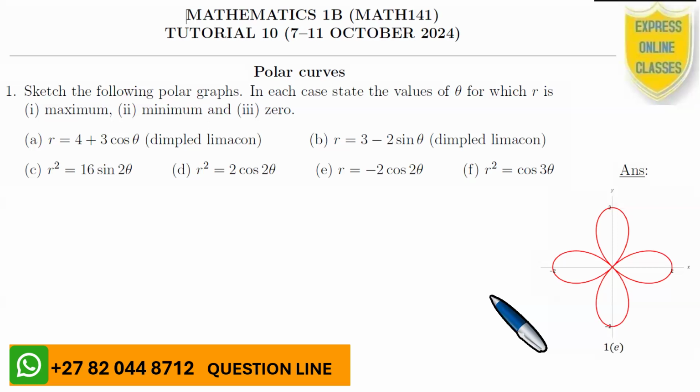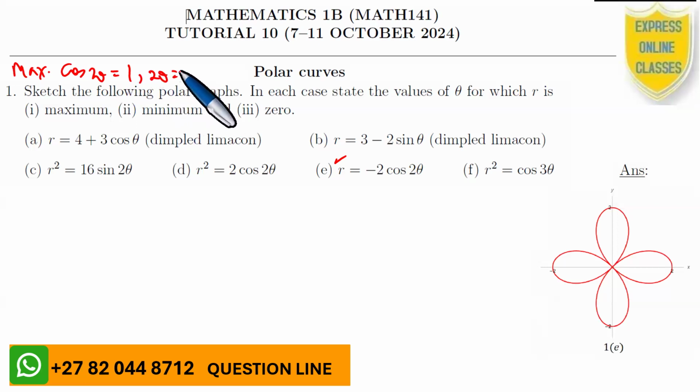Right, now to do E is very easy. We're going to find where it is maximum, where it is minimum, and where it is 0. For E, the maximum is going to occur whenever cosine 2 theta is 1.